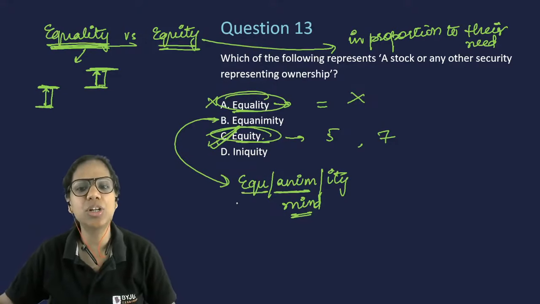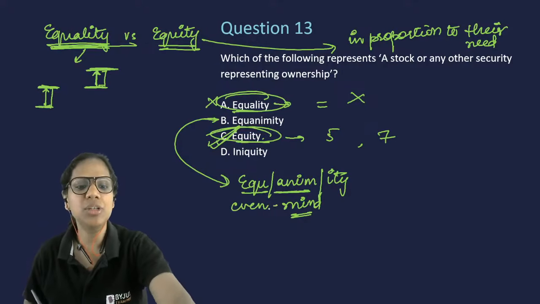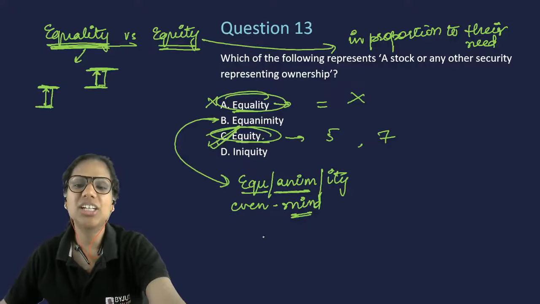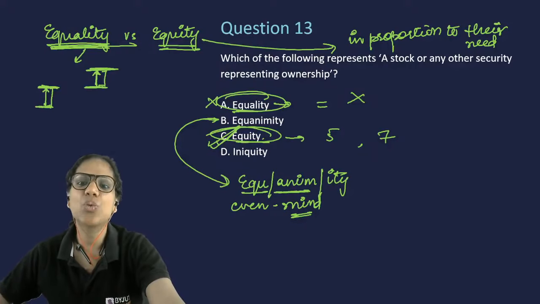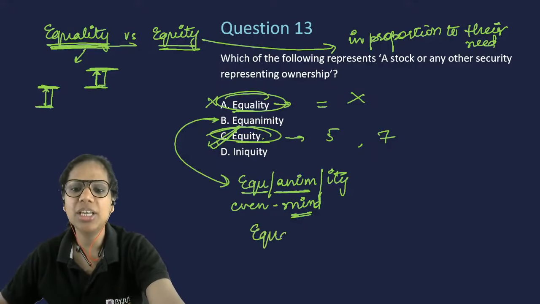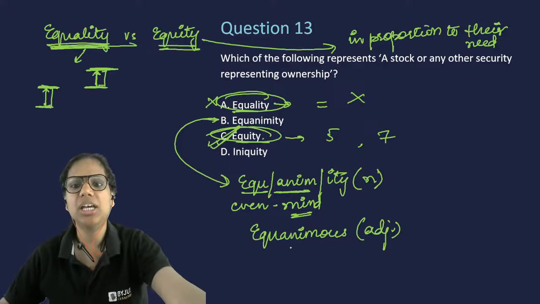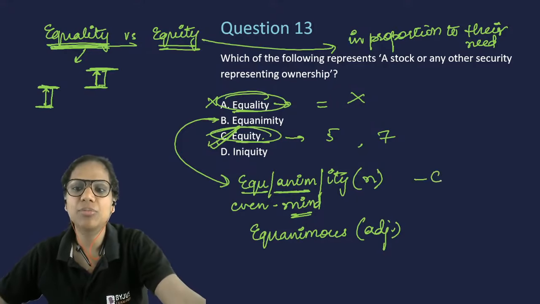And equus means equal or even. So someone who is calm and composed, even in times of distress, possesses equanimity, and that person is called equanimous. So equanimous is the adjective, equanimity is the noun. So even-minded, calm, composed, that's the meaning.